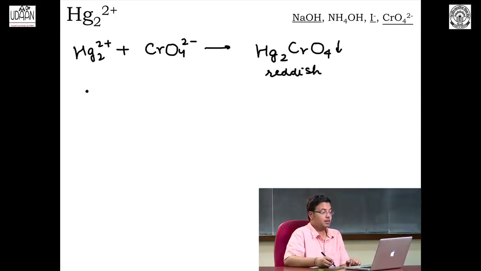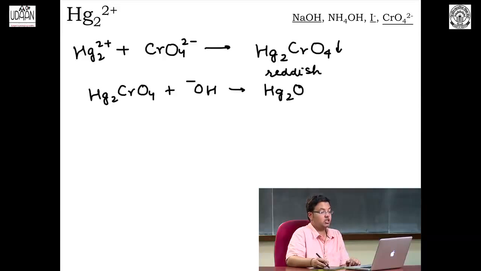In fact, this Hg2CrO4 is degraded in alkaline solutions to give back the precipitate of Hg2O that we had obtained in alkaline solutions when introduced to Hg2 2+, gives a black precipitate of Hg2O plus chromate ions.